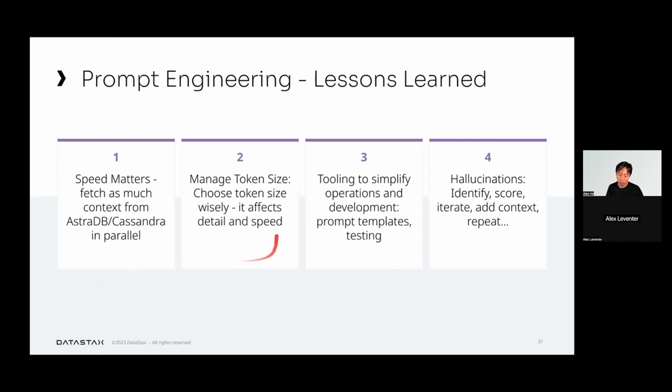You've got to be very careful about managing the token size. It's not just important for speed, but it's also important due to cost. And then you want to have all the tools you need to simplify your development. Prompt templates in particular are a very easy way to simplify development.